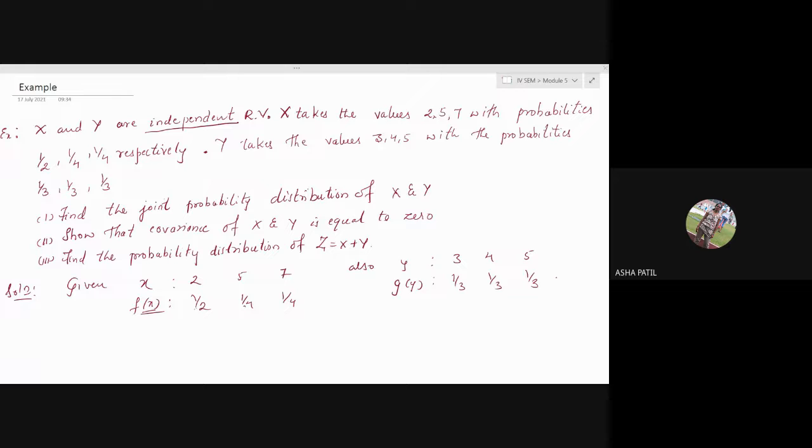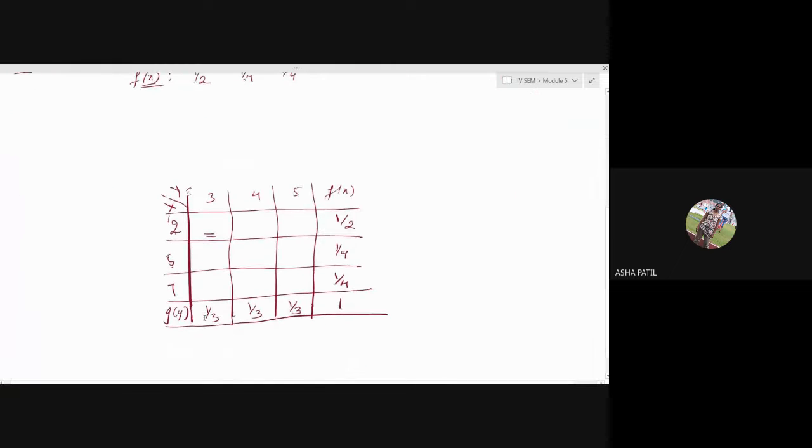Now how to calculate the marginal distributions? Joint distributions. What does your property tell? Just now we showed that they are not independent.